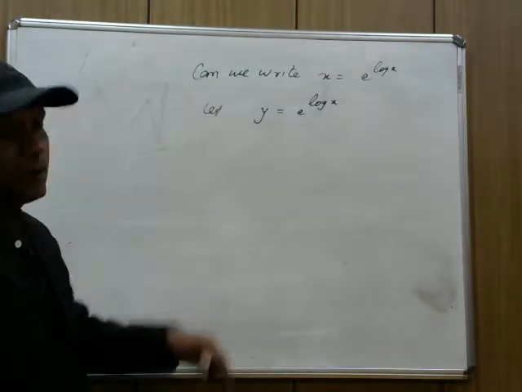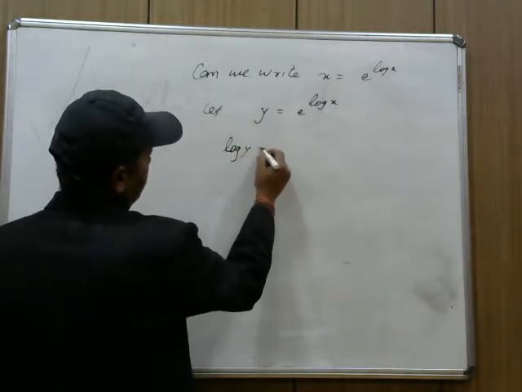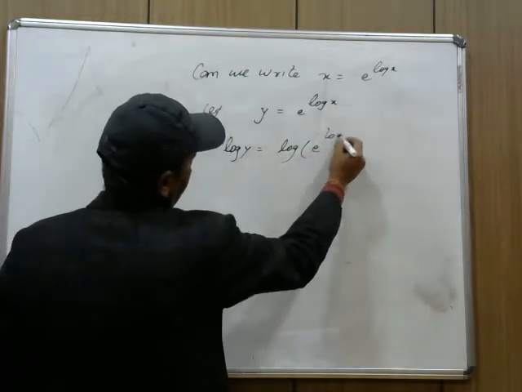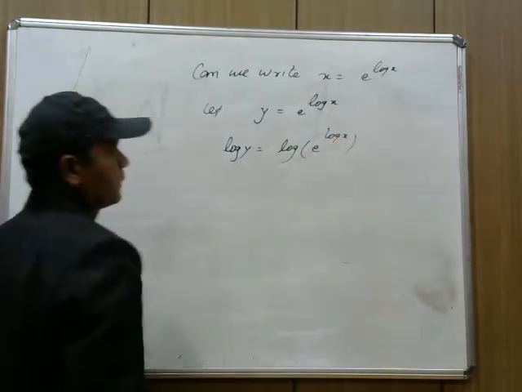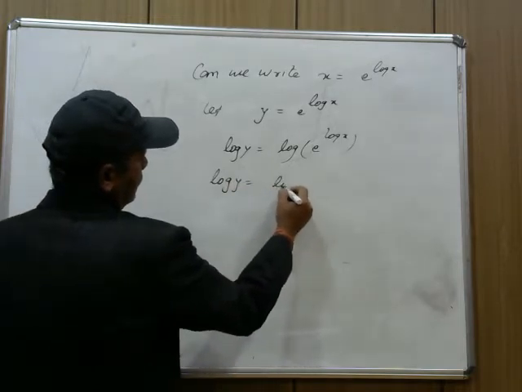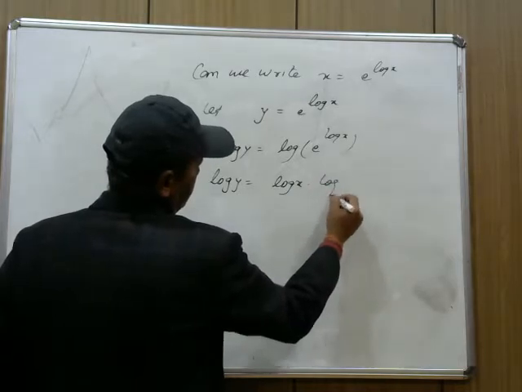If I apply log both the sides, what I'll get? Log of y is equal to log of e to the power log x. It gives you log y is equal to log x into log e.